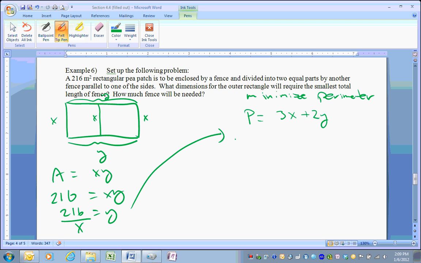So its perimeter is 3x plus 2y, and that's the perimeter. Again, we have you guys work this out on your own. So go and work this out and tell me what you get.